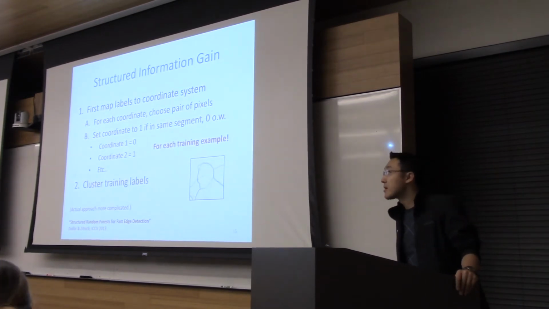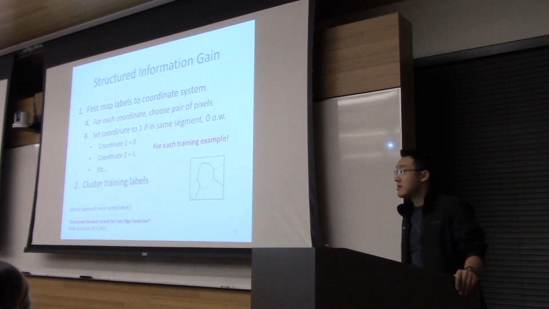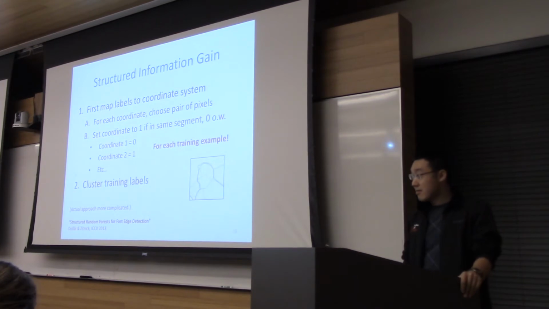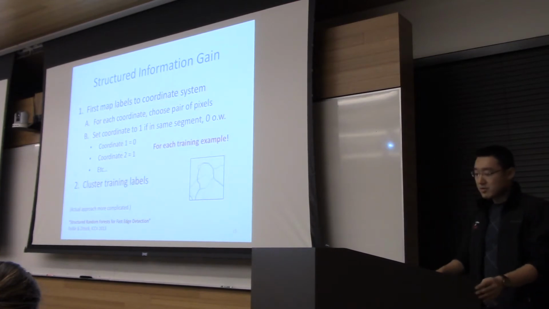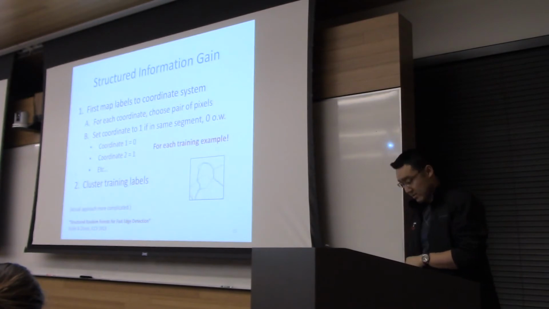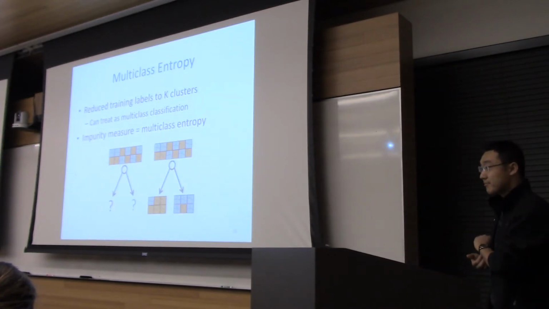Yes? Are you clustering the training labels so you can figure out if two image patches are or are not in the same cluster, or could you just use a distance between them? You could. They chose to do clustering, I think, just to do another round of dimensionality reduction. Yeah. So we're going to get to that in the next slide.